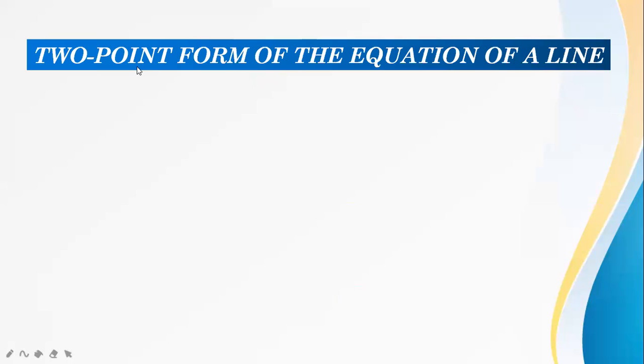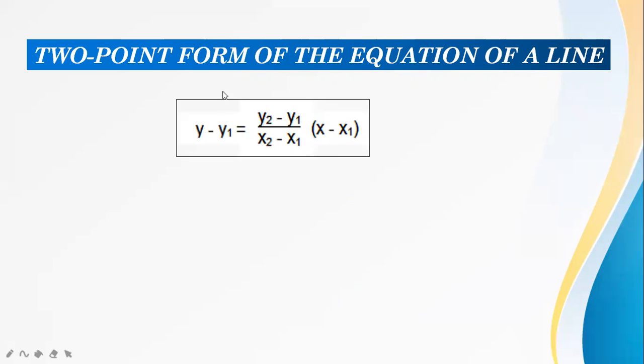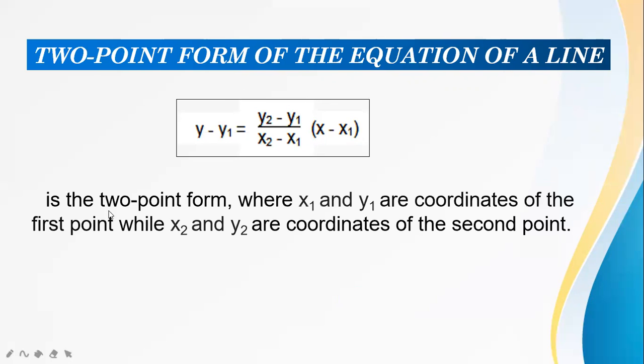Next, we have the two-point form of the equation of a line. This will be the formula, the two-point form, where x sub 1 and y sub 1 are coordinates of the first point, while x sub 2 and y sub 2 are coordinates of the second point.